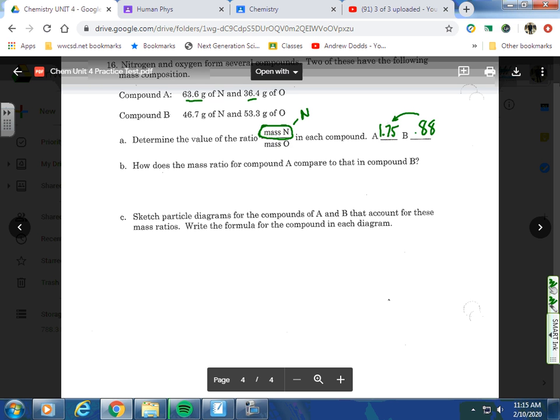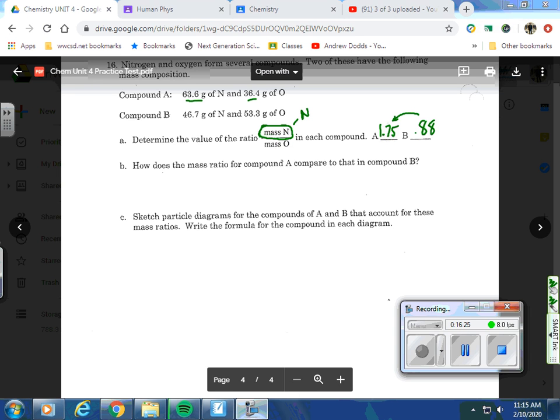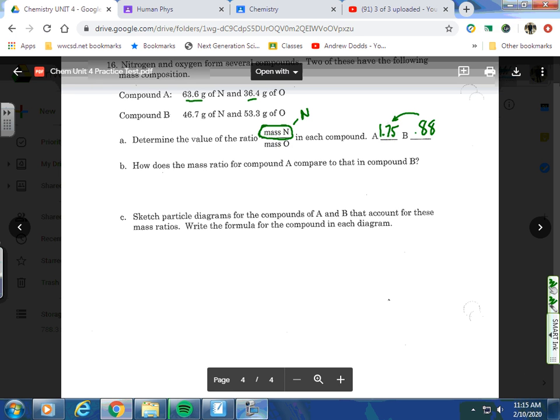So if I take 1.75 and I divide it by 0.88, it comes out to be 1.98888. So it's pretty close to 2. So A is 2 times larger.